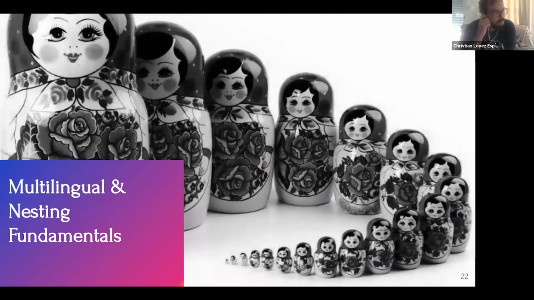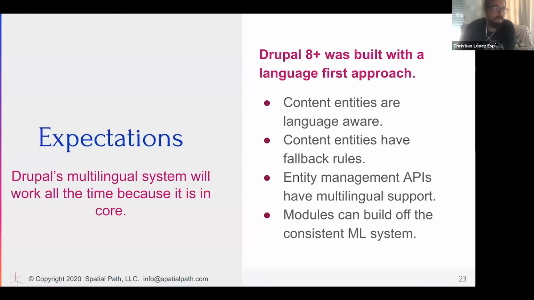So we are going to see some fundamentals about multilingual and nesting content. But first, let's look at Drupal itself. The nice thing about Drupal for multilingual websites, which makes Drupal probably the best competitor in the CMS market for multilingual sites, is that Drupal 8 was built with a language-first approach.